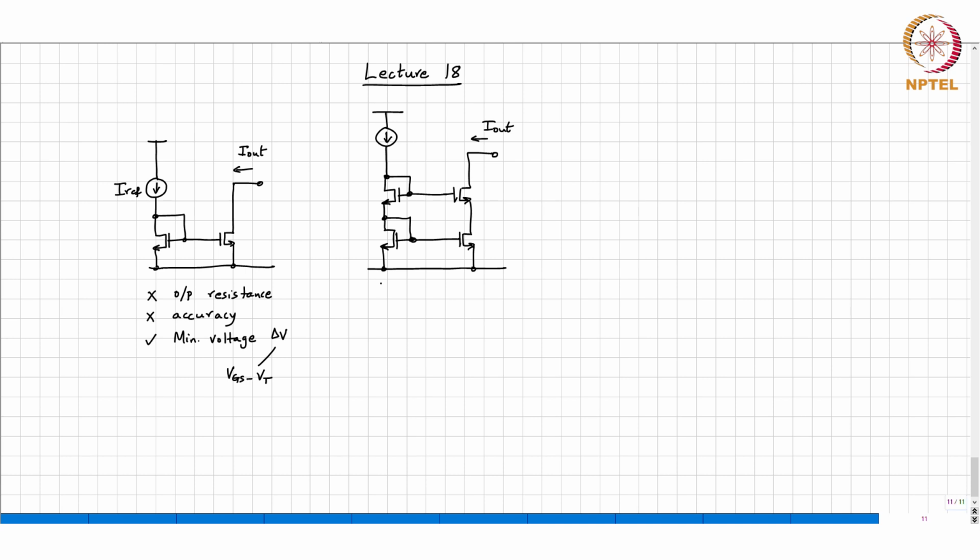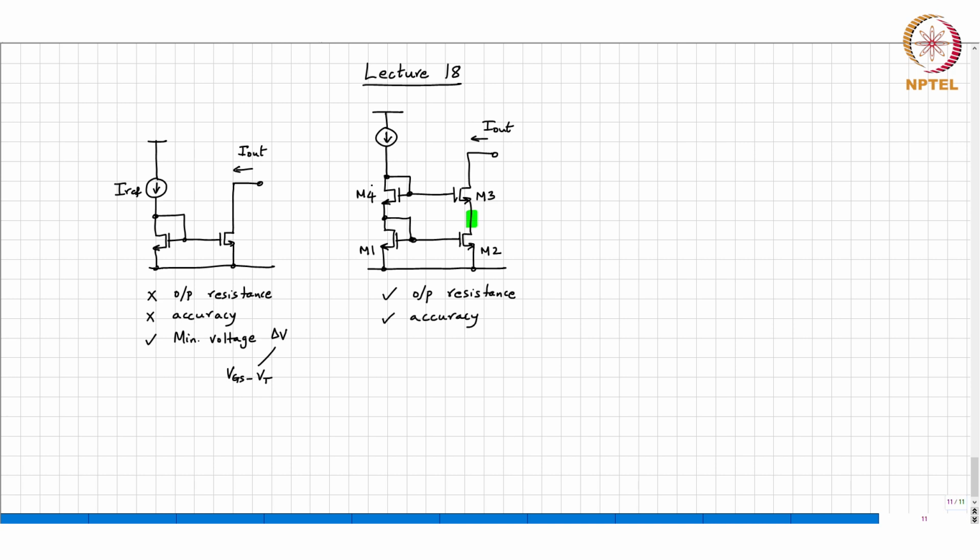And what are the good things about this? So the output resistance is larger by a factor of gm ro, and therefore also it turns out that, as we saw yesterday, the accuracy is also very good. Why? We discussed this yesterday. Why does this have very good accuracy?